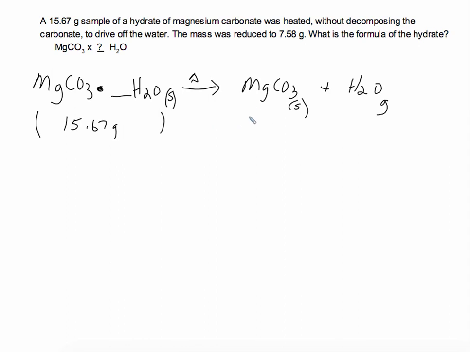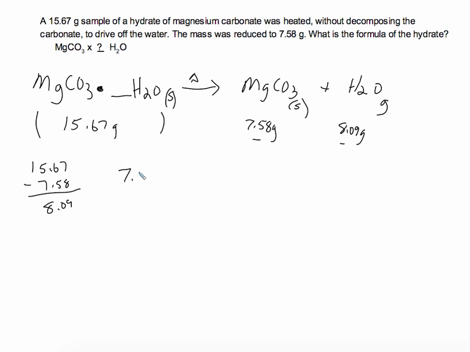But after heating it, the water is driven off, and what's left over is 7.58 grams. So if we take 15.67, subtract 7.58, that equals 8.09, and that's going to be the mass of your water. So the water is 8.09 grams.